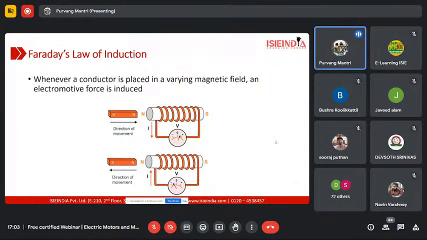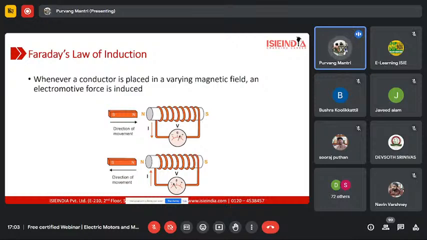To start, let's first brush up on the basics of electromagnetism, or the law of induction. We are aware of Faraday's law of induction, and we have learned all of this during our school times itself. But still, I want to brush up on these topics before we head into the working of the electric motor.